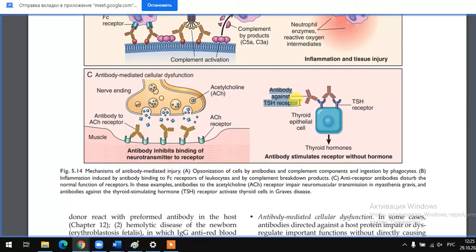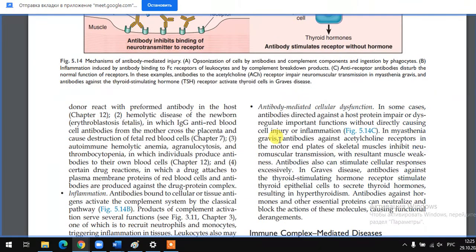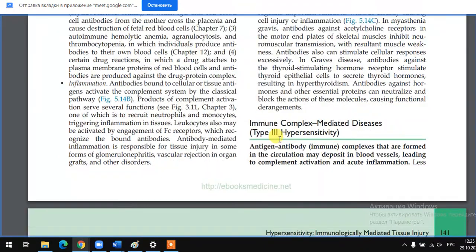Thyroxine and triiodothyronine are increased, because normally TSH is produced by the pituitary gland and stimulates the thyroid gland to synthesize thyroxine and triiodothyronine. But now we have additionally produced antibodies, and these antibodies directly activate the thyroid gland cells. You already know what the thyroid gland is from physiology, I guess, so it's not a new thing for you.